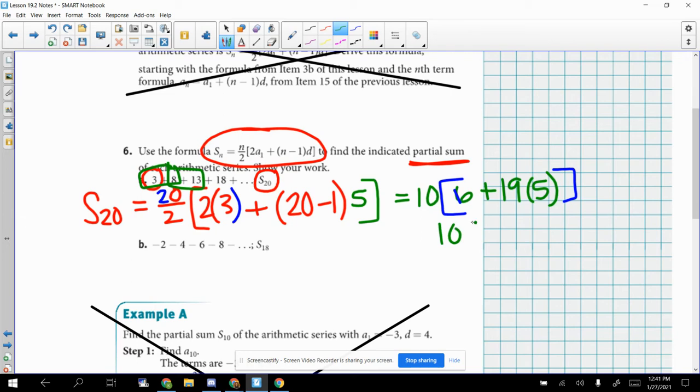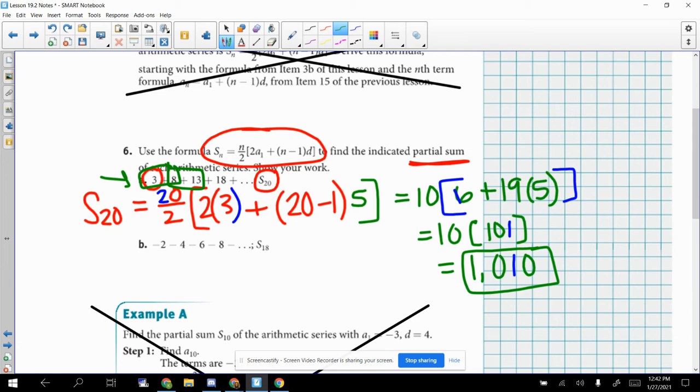So 10 times 6 plus 95, or in other words, 101. So that finally equals 1010. So that means the sum of the first 20 terms of this sequence is going to be 1010, and we did that without even knowing what the first 20 terms are or what the 20th term is.